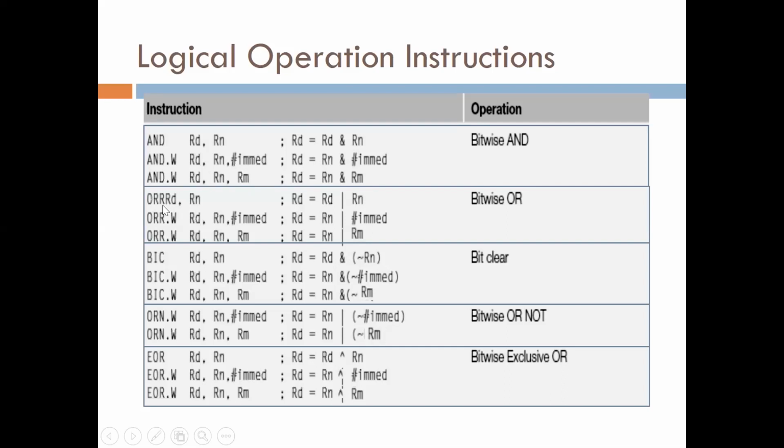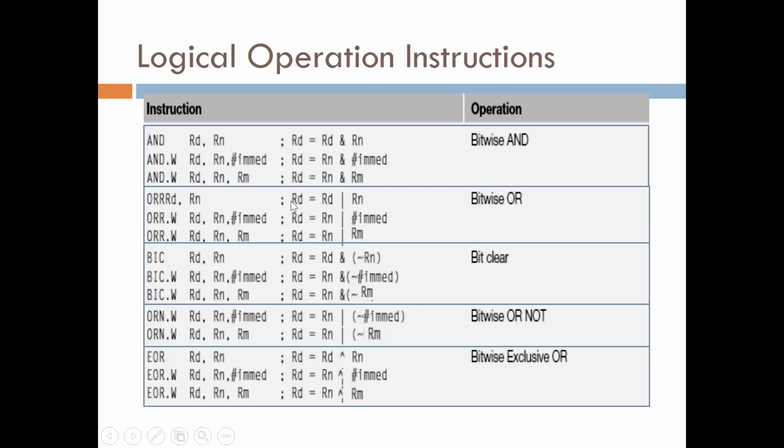So the next set of instructions is the logical OR operation, that is bitwise OR operation. The mnemonic used here is ORR space Rd comma Rn. Source registers are Rd and Rn. The result will be stored in Rd back again. So you have Rd bitwise ORed with Rn.